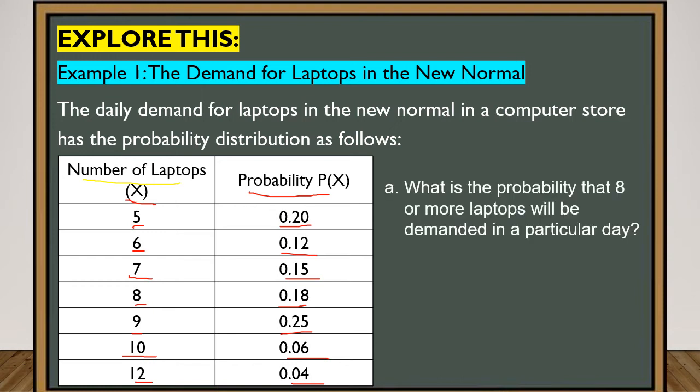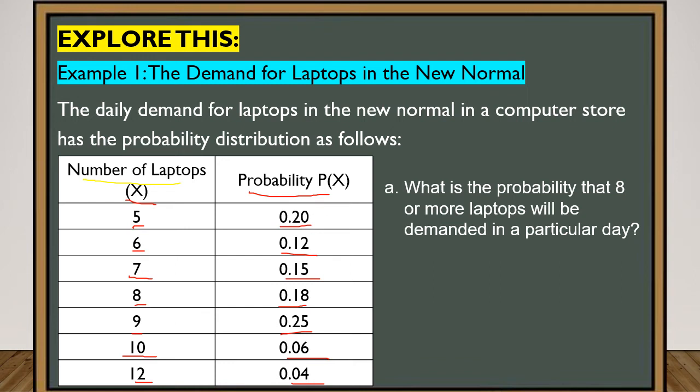So the question is, what is the probability that 8 or more laptops will be demanded in a particular day? Again, 8 or more means 8 and greater than 8.